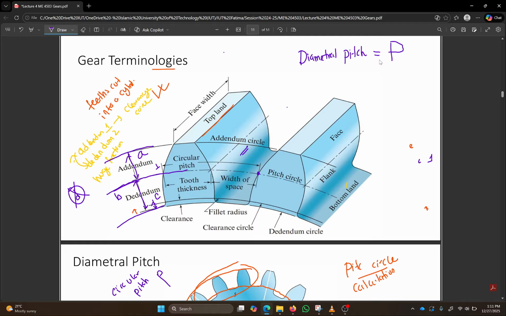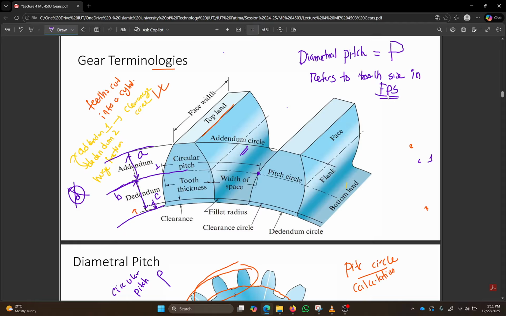So what is diametral pitch? Diametral pitch refers to tooth size. How big are your teeth? Your gears can have big teeth and small teeth. Tooth size is denoted by your diametral pitch, and diametral pitch refers to tooth size in FPS unit, US customary unit.